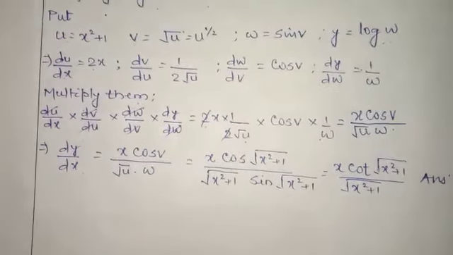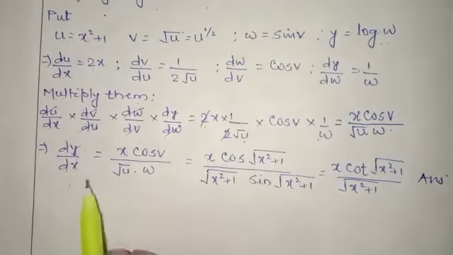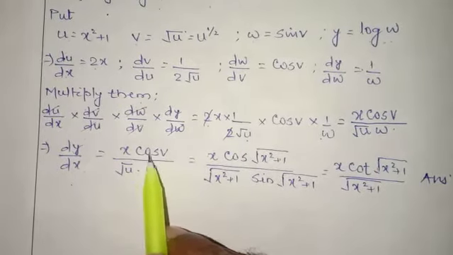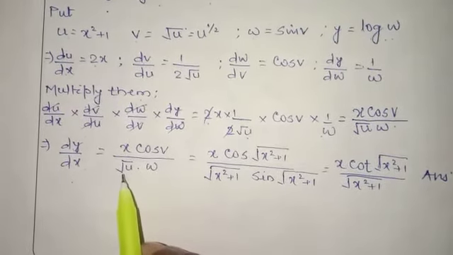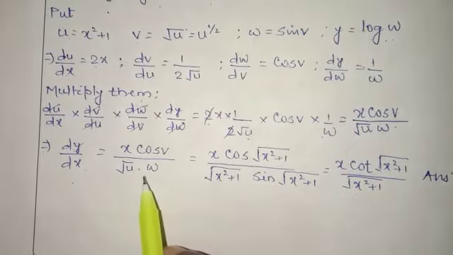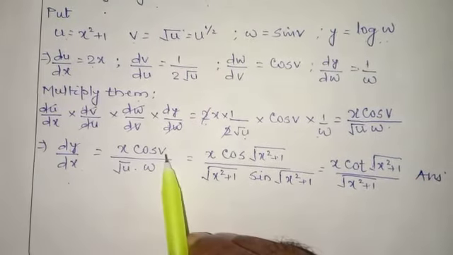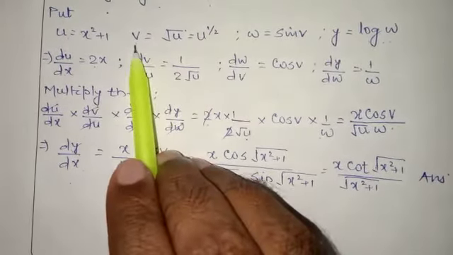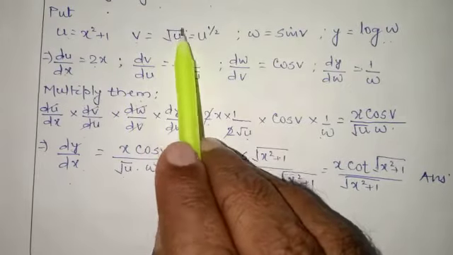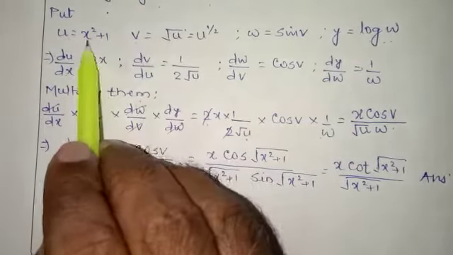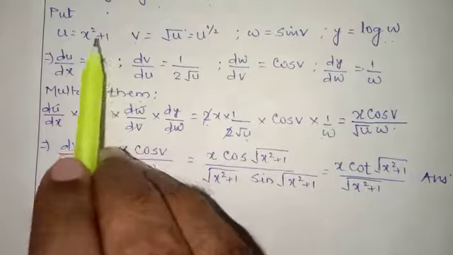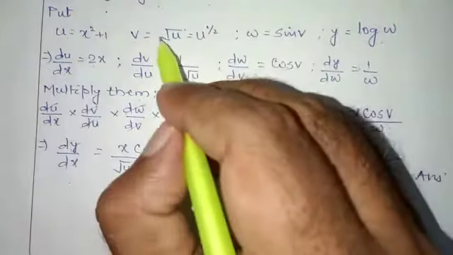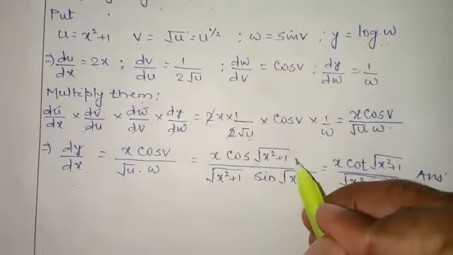And now put down their values. Here dy by dx is equal to x cos v by under root u into w. V we have considered as under root u, and u is x square plus 1. Then cos v should be cos under root x square plus 1.